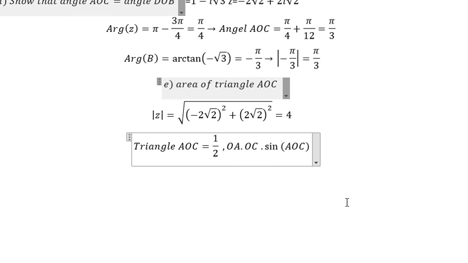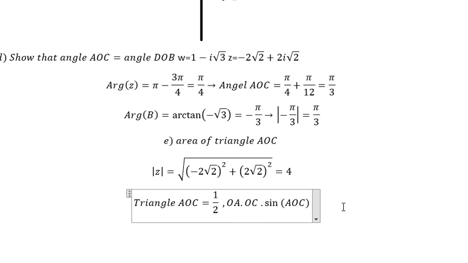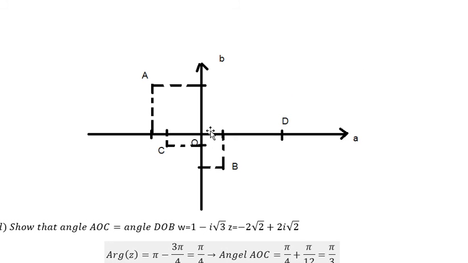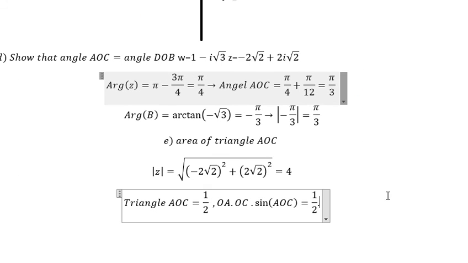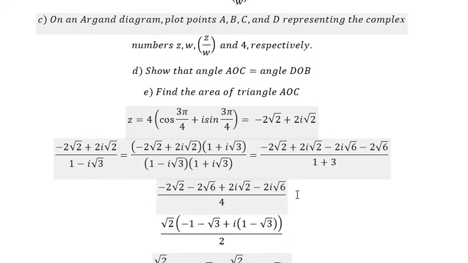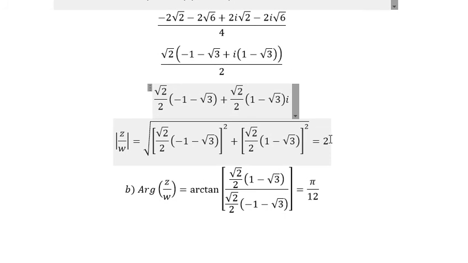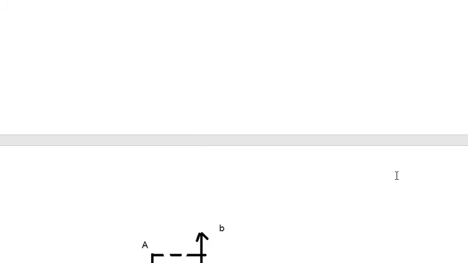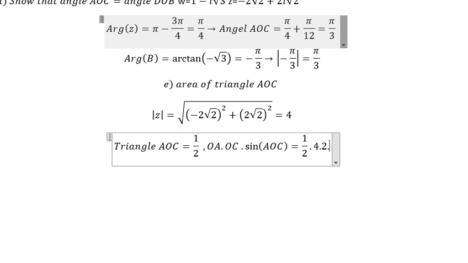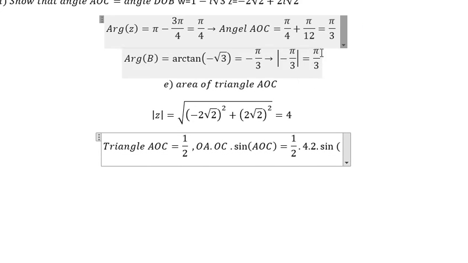That's about angle we just find in here. And now we just put the number OA in here. We just calculate that's about number 4. And OC, that's about this number we just calculate, that's the number 2. And the sine of B over 3 we just calculate in here.